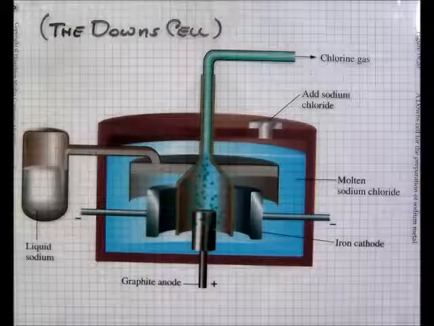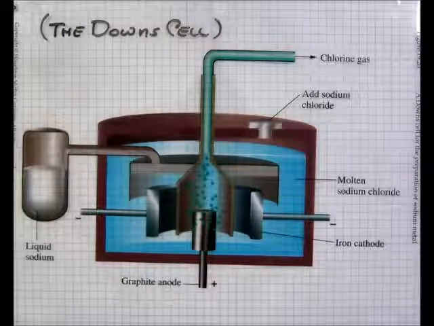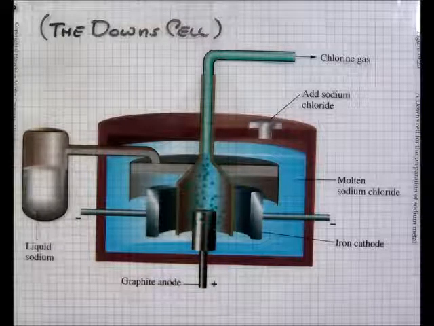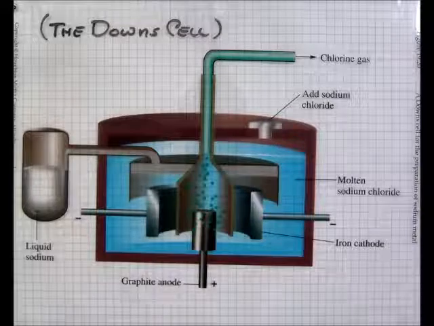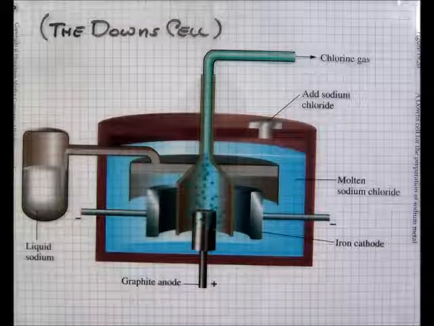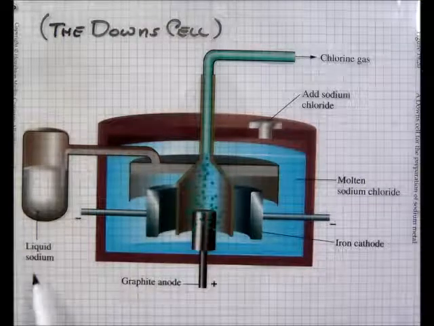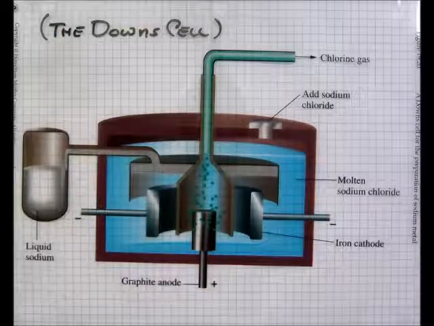Now here is a detailed graphic of what we call the Downs cell that's used in refining sodium chloride into chlorine gas here, and liquid sodium metal.